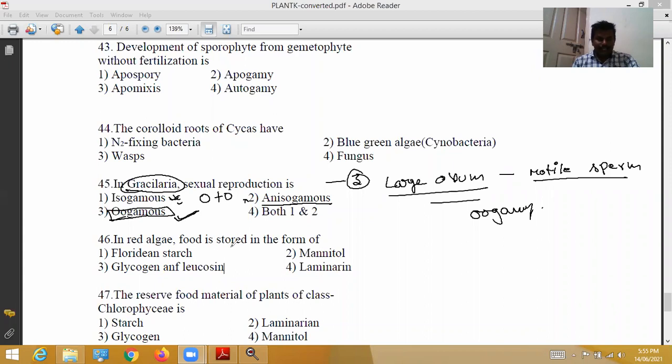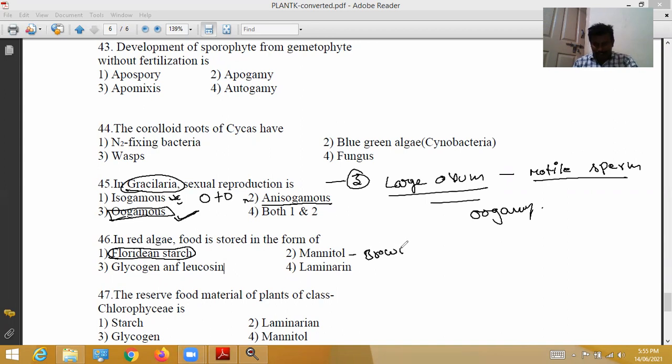Next, in red algae, the food is stored in the form of Floridian starch. We already explained this in yesterday's video. Next, mannitol is generally in Phaeophyceae, that is brown algae.